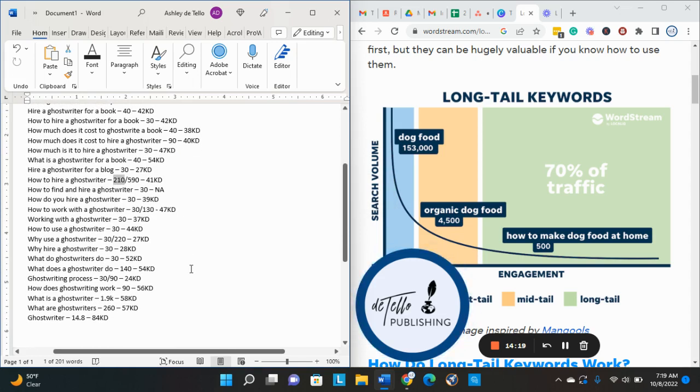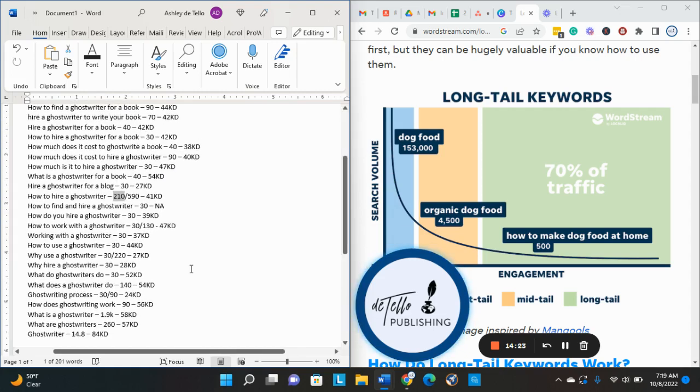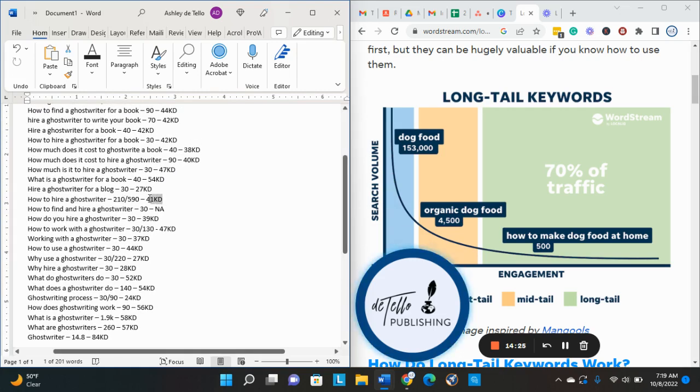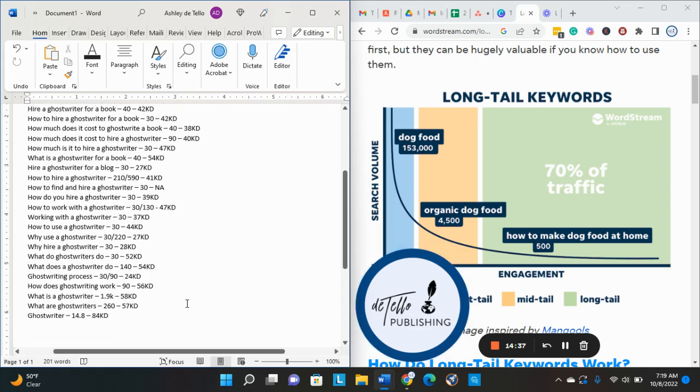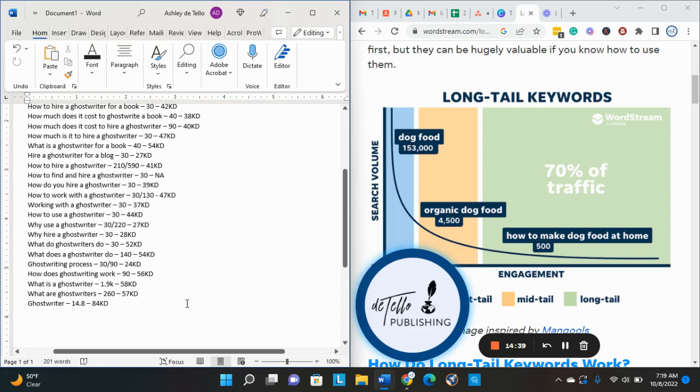And so I'm going to go through and find the best balance between the keyword difficulty and the keyword volume. So how hard is it to rank for that versus how many people are going to see it if I do rank for it. I like to highlight, so I'm going to go through and highlight, and then I'll turn this back on.